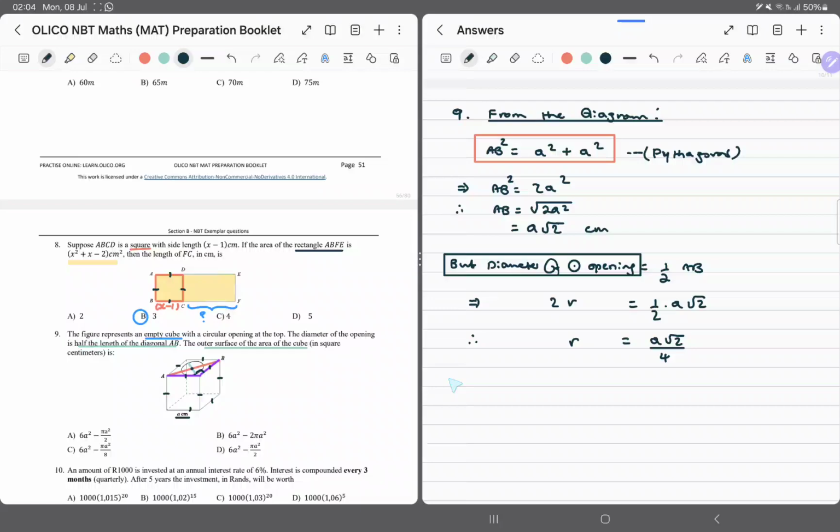We can say the total surface area of the cube is equal to, now it's all these 6 faces, right? So it's 6 s squared. In fact, let me just write the formula, minus the area of the circle.